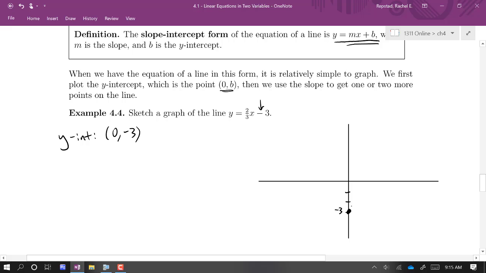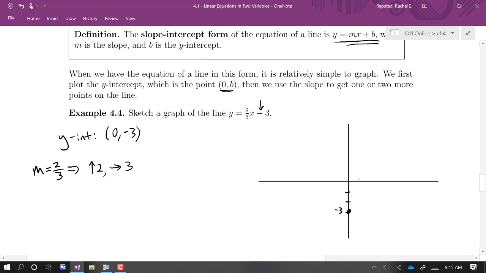Now I need 2 points to determine a line, but I know the slope is 2/3, and that means that starting from any point, I can get another point on the line if I go up 2 and to the right 3. This is a positive slope, so when I obtain that other point, it should look like the line is rising as x moves from left to right.